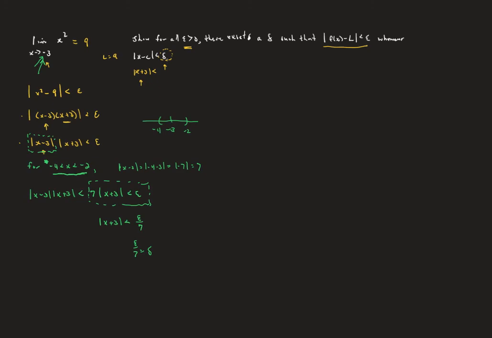So remember, as x approaches negative 3, we're trying to find a value of delta. So our claim here is that if we want to get the values of f of x to be within epsilon of 9, we're going to choose the x values to be within epsilon divided by 7 of x equals negative 3.